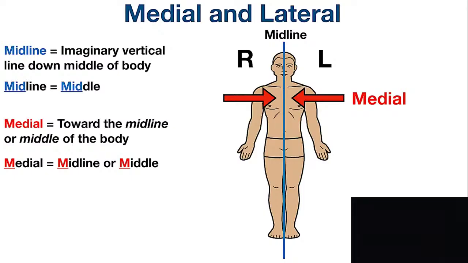When you look at this illustration, you can easily tell that with the word medial, we mean that imaginary vertical line down the middle of the body, meaning that midline may reflect middle. And now let's say medial, that means towards the midline or middle of the body. As you can see, medial, midline, or middle. And then lateral will reflect far away from the midline.